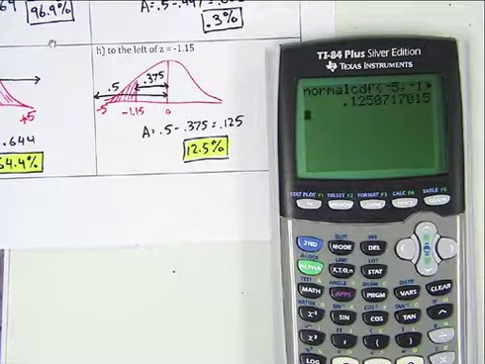So there you go. That's how we use the calculator to find the area or percent between two z-scores.